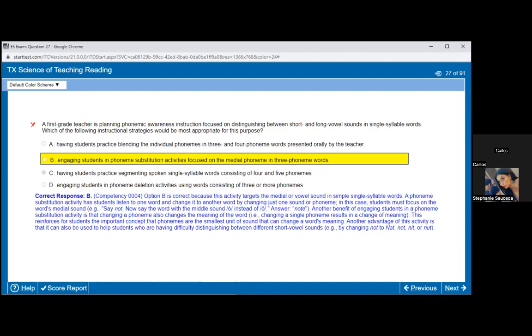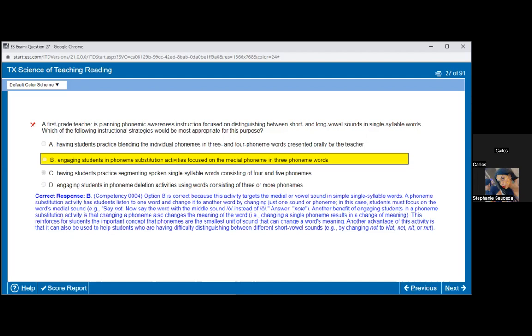So that's not going to be a good example, and that would be confusing for the student. Okay, this is where I have to do a deeper dive into the TEKS. I'm assuming 4 or 5 phonemes is not the best way to start off a first grader. So let's take a look at what they say.